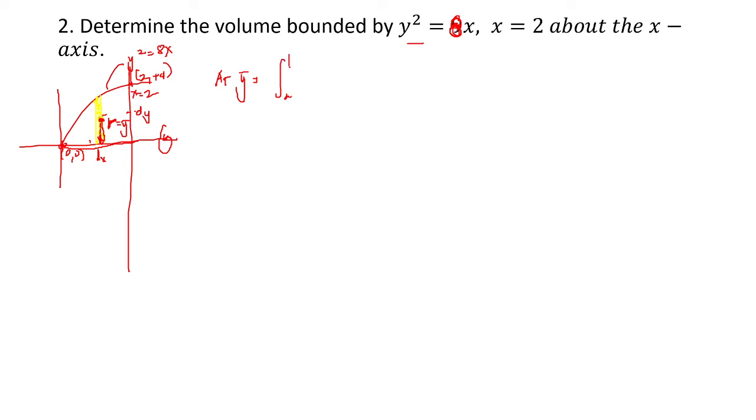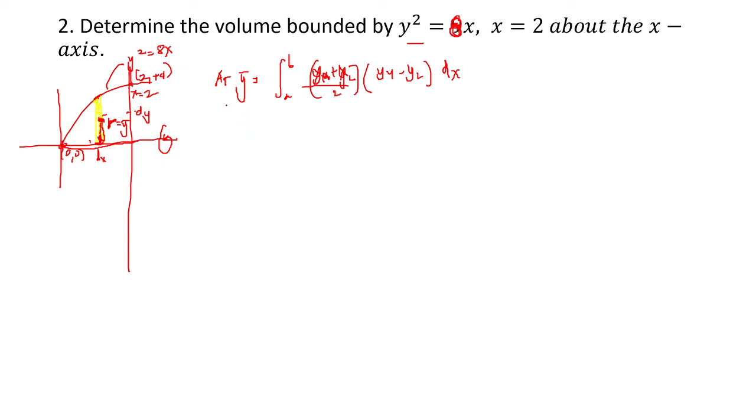So y bar times the total area equals the integral from a to b of the centroid. We get the midpoint or the center, so that's y upper plus y lower all over 2, times the differential area, which is y upper minus y lower dx.